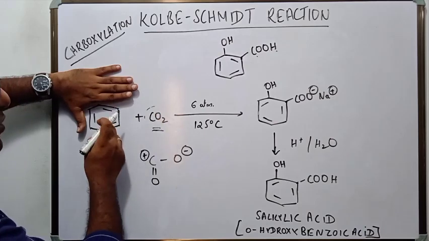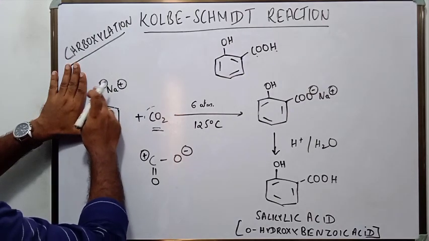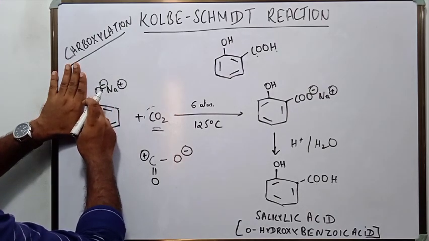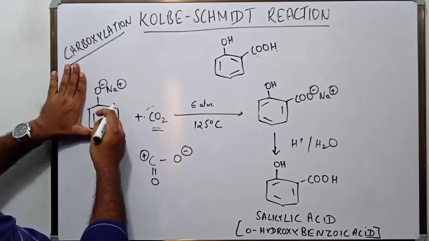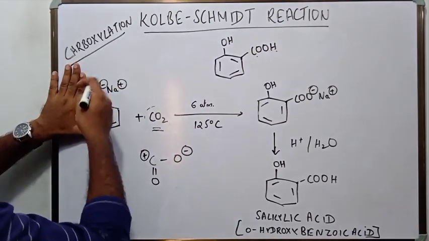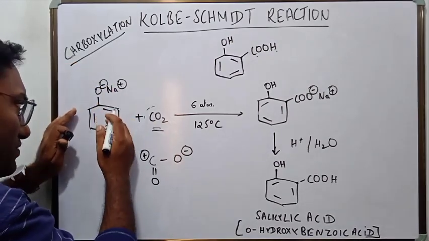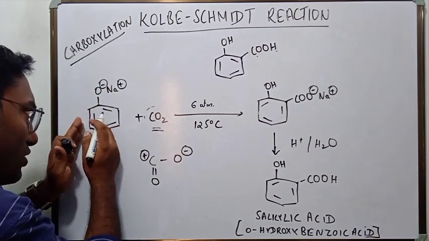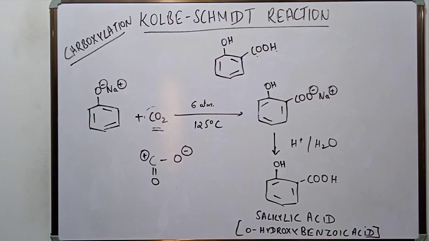Only when the benzene ring is linked to a powerful electron donor group such as O- or OH will there be sufficient electron density at the ring to attract CO2 towards it.